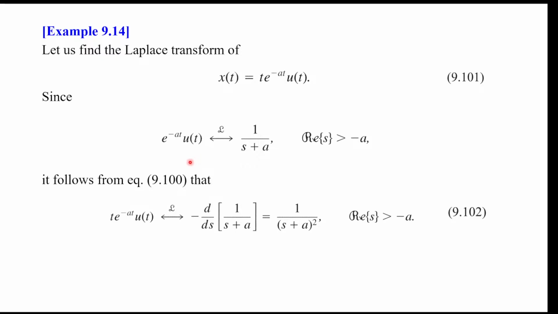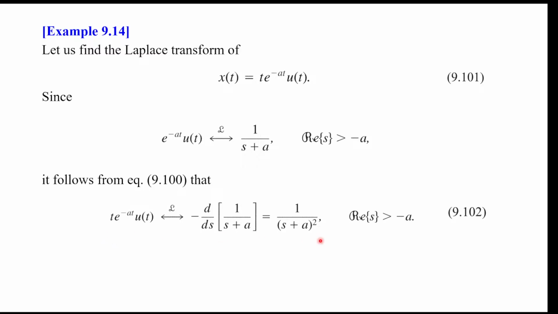So the ROC was to the right side. We start with the first order fraction, for which we have this Laplace transform pair we derived in the first example of this chapter. Then we use the differentiation formula, so differentiation on both sides, d/ds of this thing, and then we get minus t, but because we know what's going to happen, we move the minus sign to the other side, and we see that minus d/ds of this single order partial fraction is a second order partial fraction, so this is 1 over s plus a squared.